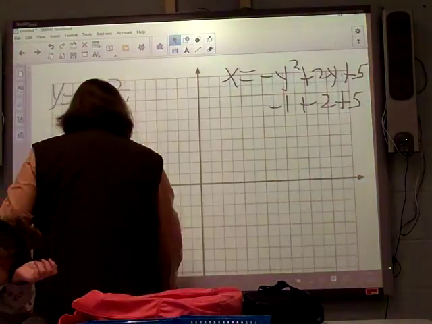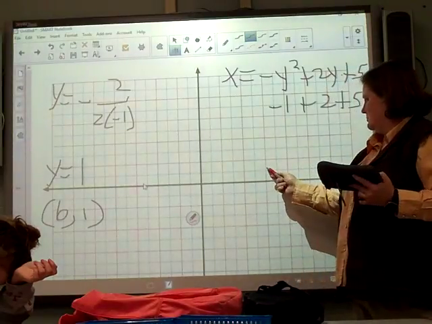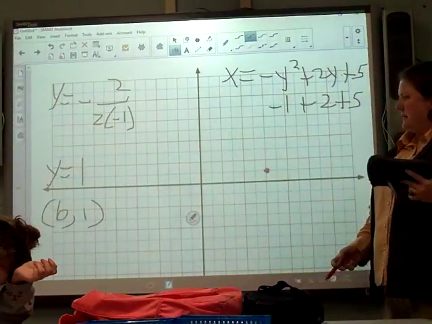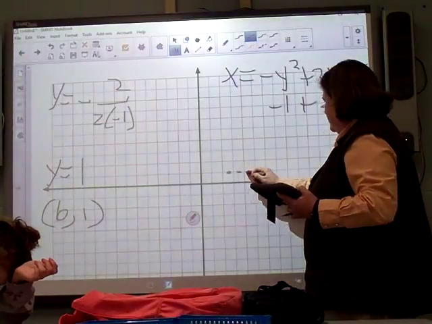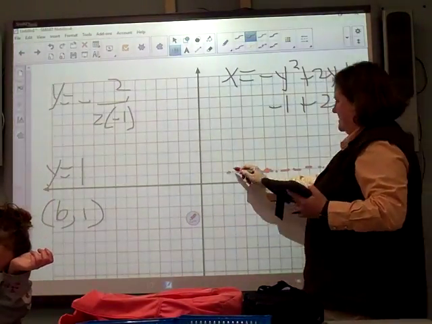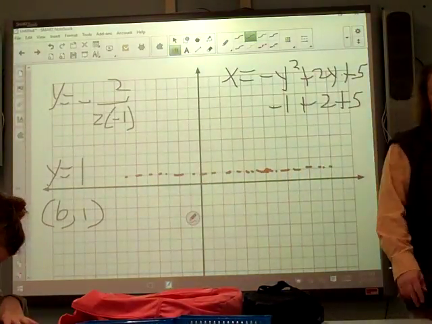So this will be 1, 2, 3, 4, 5, 6, 1. Now we said that y equals 1 is our axis of symmetry. See, our axis of symmetry is laying horizontal this time because that's the way our parabola is going to go.